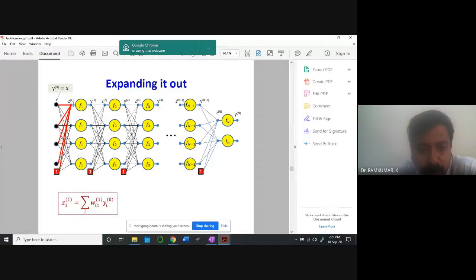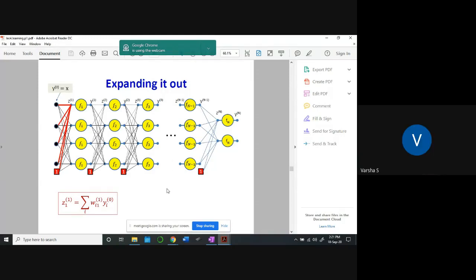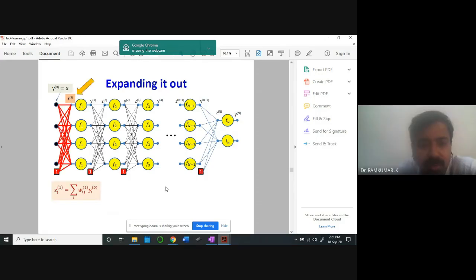Once you compute the pre-activation function, it should be passed through a function. That function is the log sigmoid function. Is it all right, Varsha? Do you understand what I'm saying? Yes, sir. Now look at this. That's what we said right now. Now this is what is happening.